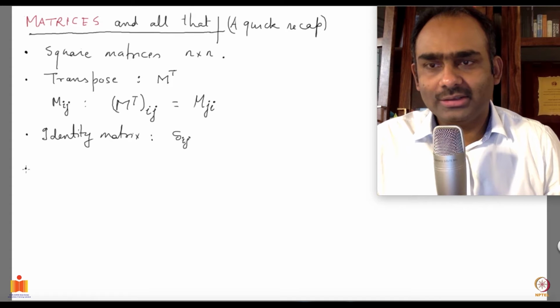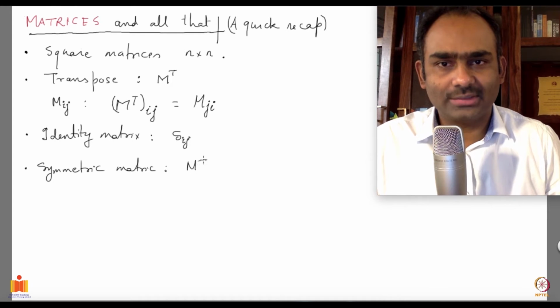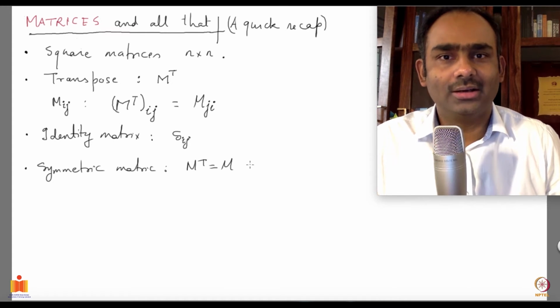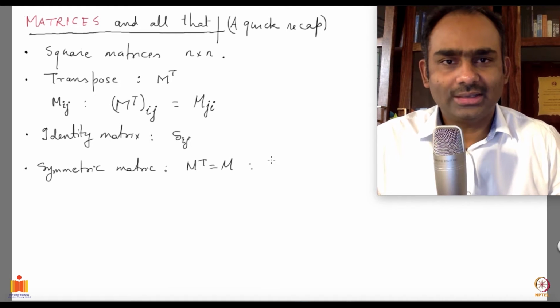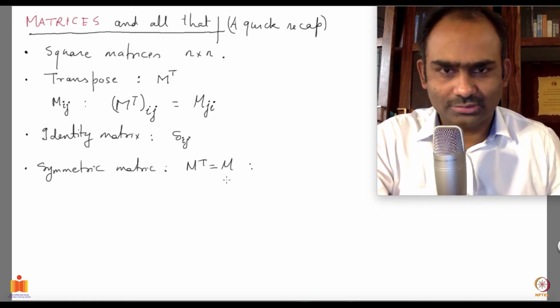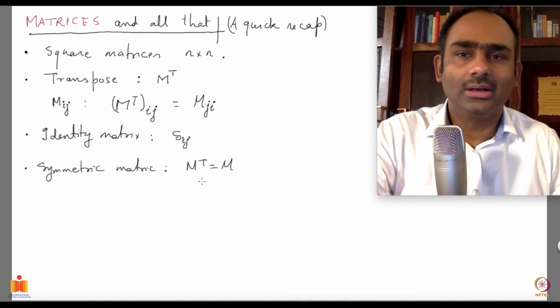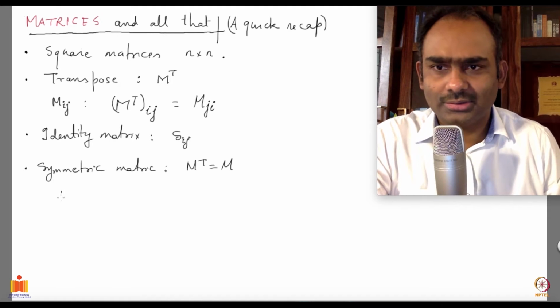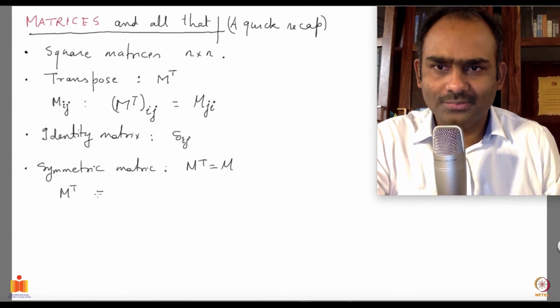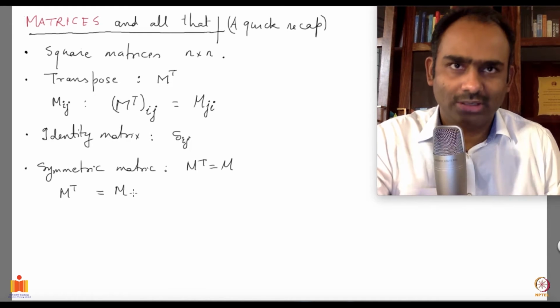If you have a symmetric matrix, then it implies that M transpose is the same as M. Let me do it slightly slowly, because I know many students get it wrong when they try. They should not, but they do. Let's say M transpose equals M, and I want to write this expression in component form, using indices i and j.